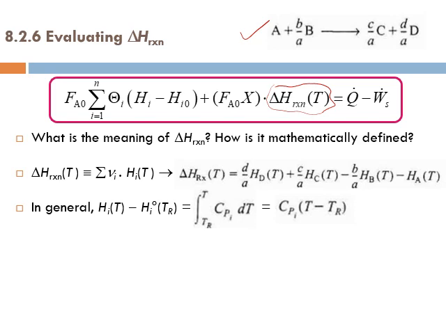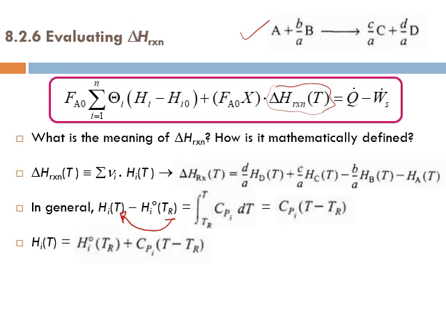Let's say H for a given species i at a desired temperature, minus the standard enthalpy for species i at a reference temperature, equals the integration of Cp_i for that species dT from Tr to T. And if Cp was constant or can be taken as an average value, it can go outside the integration and you get Cp delta T.